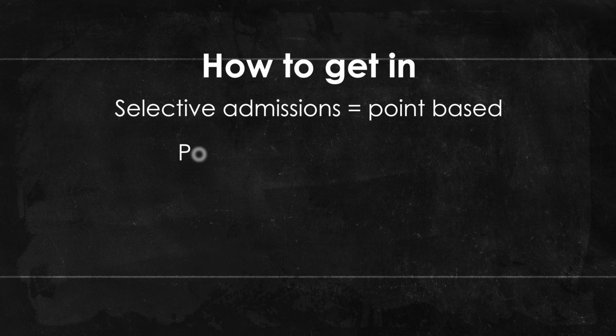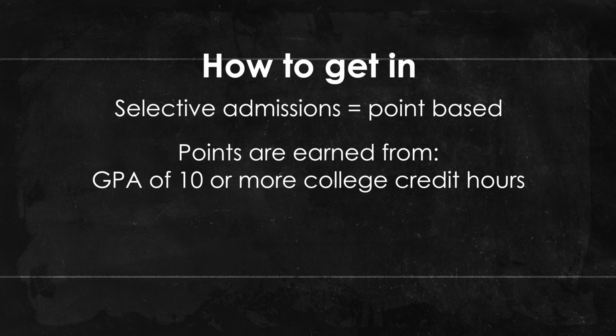Your cumulative, that means all of your college class, GPA is considered. That needs to be 10 college credit hours or more. So there is a scale that we use for that you can find information about in our application packet. And it will tell you if you have a 4.0, how many points you'll receive, versus down to a 2.0, how many points you'll receive.